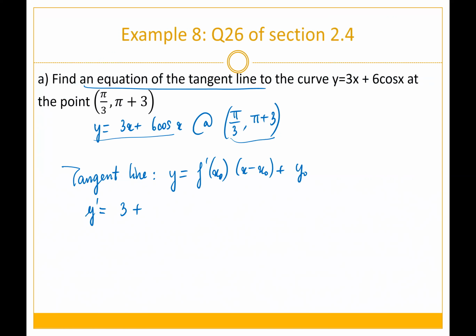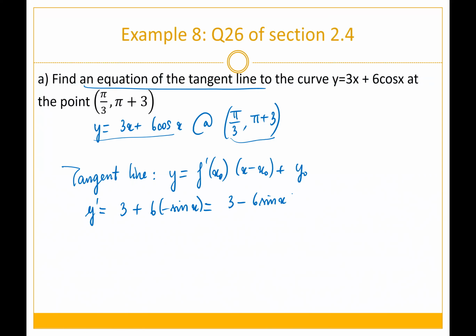The other one is 6 cosine x. When you have a constant multiplying a function, take the 6 out, and the derivative of cosine x is negative sine x. So what we have is 3 minus 6 sine x.